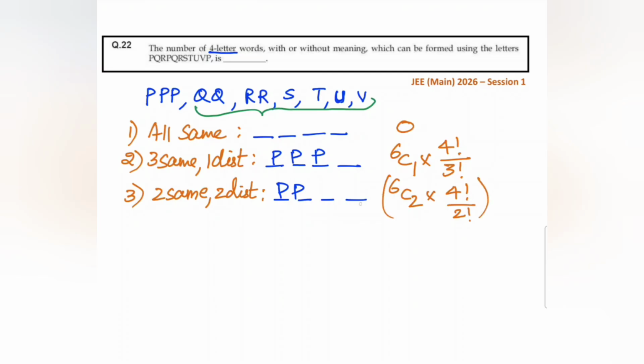A very important thing here is we have taken it as PP. Instead of PP, it can also be QQ or RR. So in total we have to multiply by 3. The reason for this 3 is PP or QQ or RR.